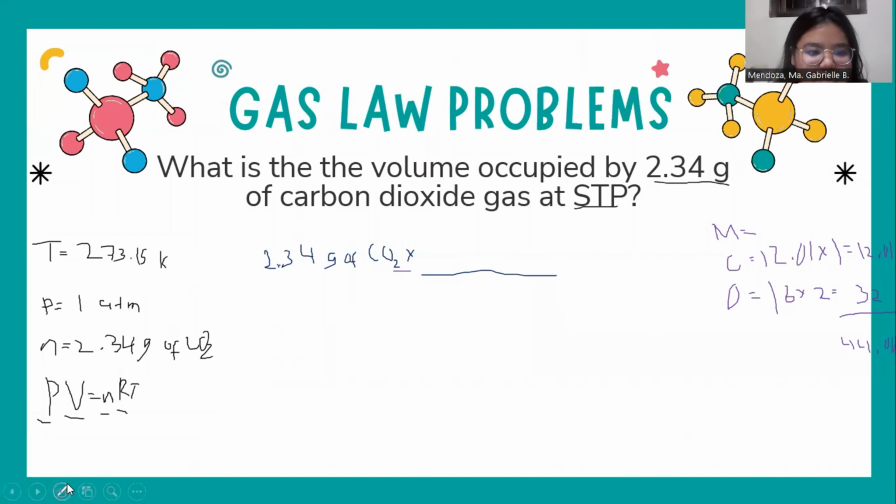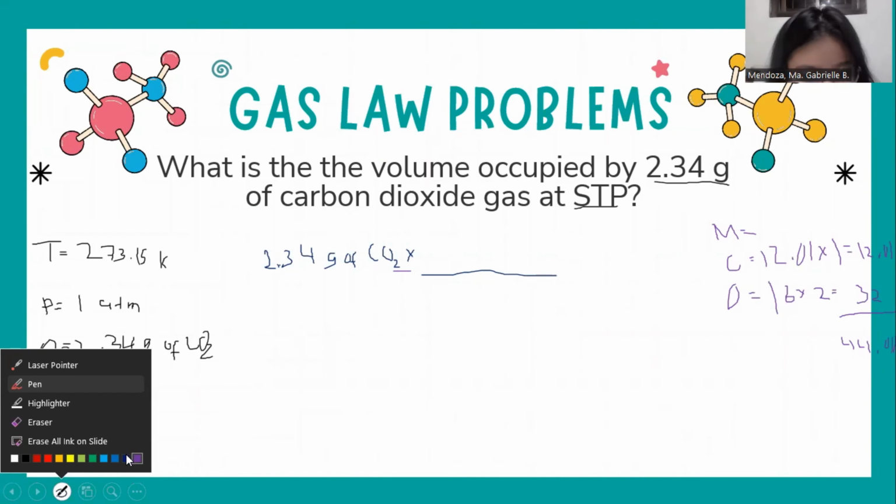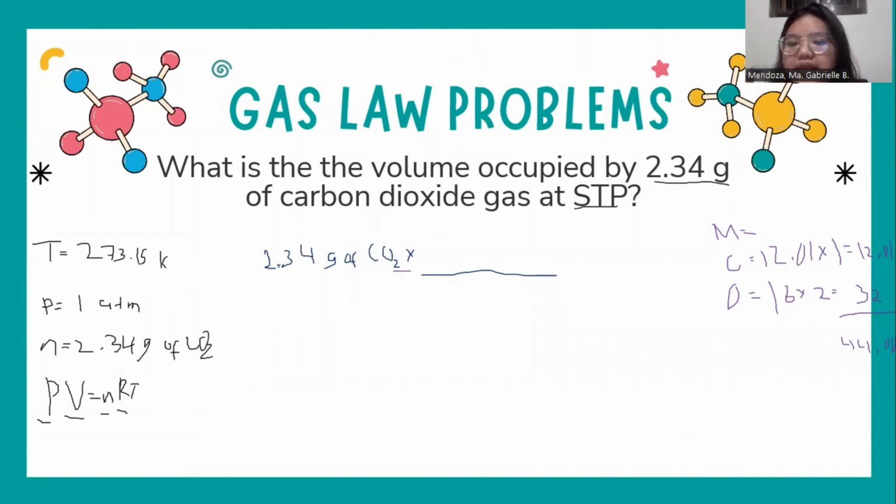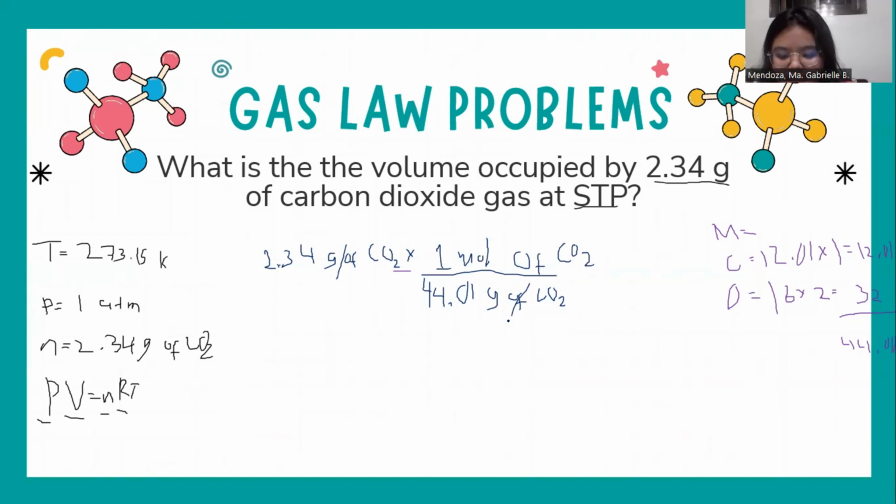So, since we have that, let's put it down below: 44.01 grams of CO2. Then we put on top 1 mole of CO2. So, cancel the grams, then simplify. So, 2.34 times 1 divided by 44.01.